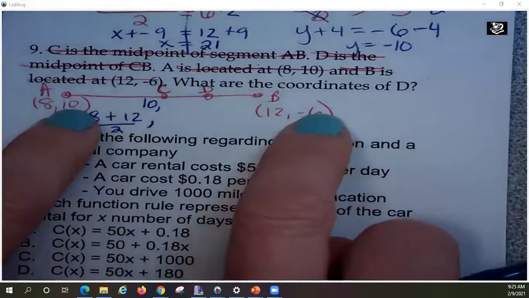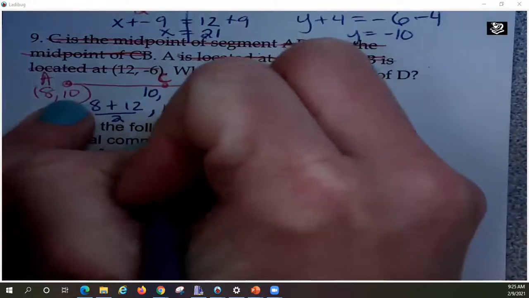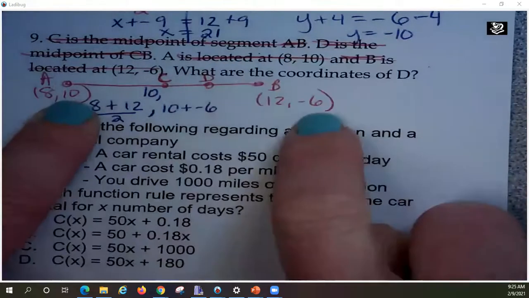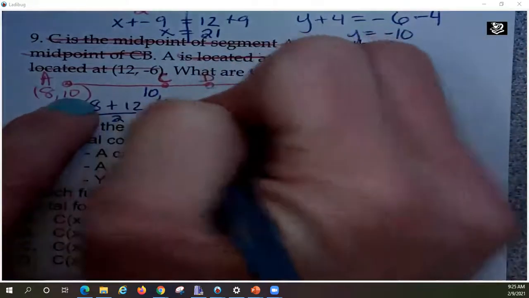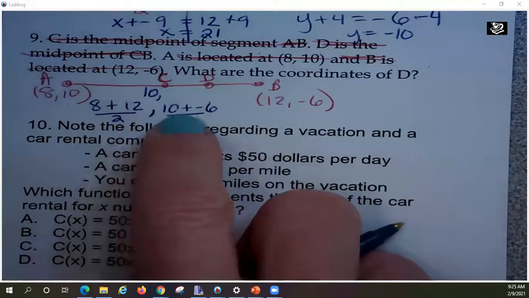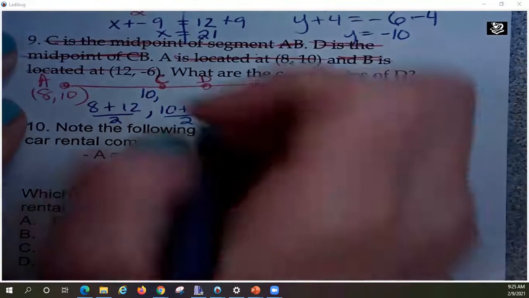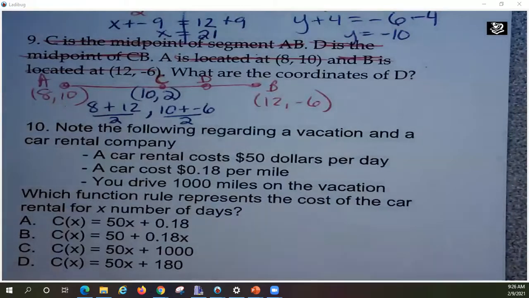Now I need to do these two. 10 plus negative 6. Make sure you're paying attention, please. Now I need to add these two and divide by 2. And I can just straight up do it. Janae, 10 plus negative 6 gives you what? 4. And when you divide by 2, it gives you 2. So C is 10, 2.